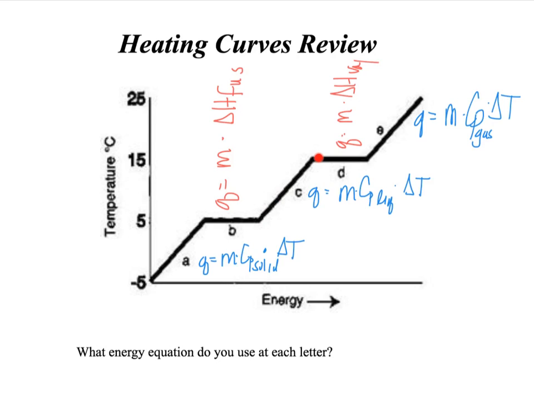When you go from B to C, heating a liquid up to its boiling point, you would use Q is equal to m times the specific heat of the liquid times delta T. At the next phase change, you would use Q is equal to m times the delta H of vaporization. And lastly, if you were above the vaporization point, you would use Q is equal to the mass times the specific heat of a gas times delta T.